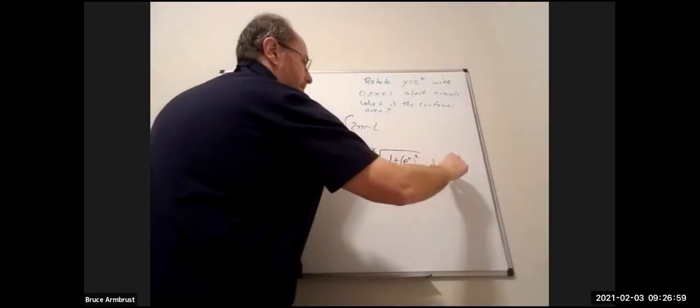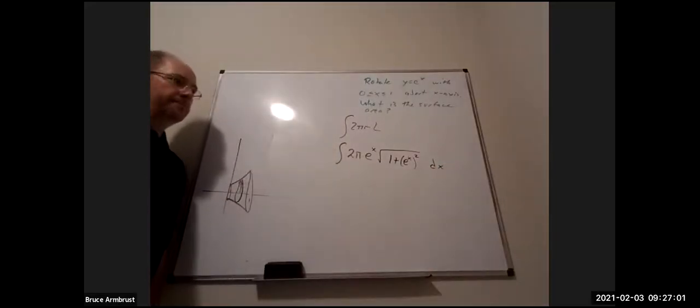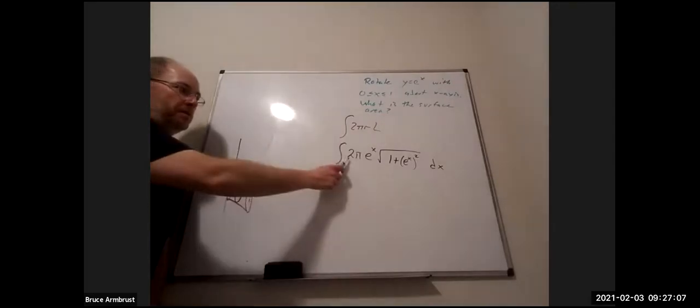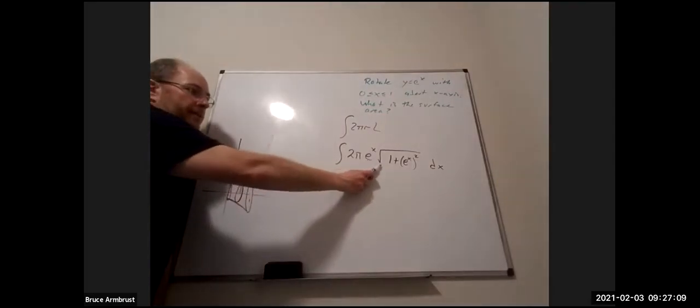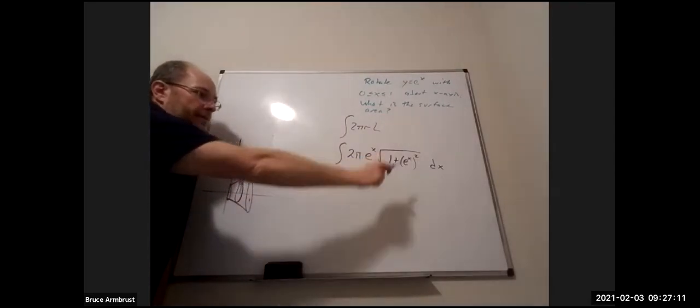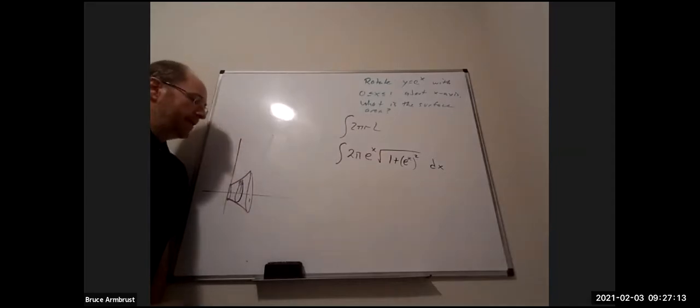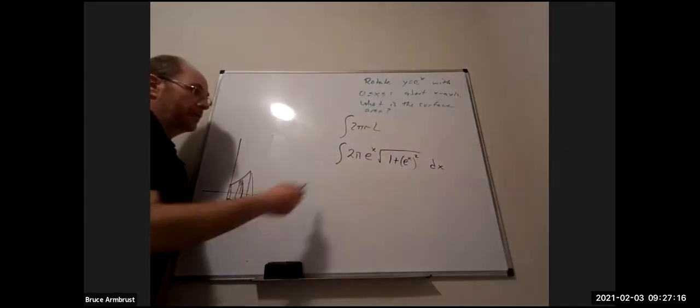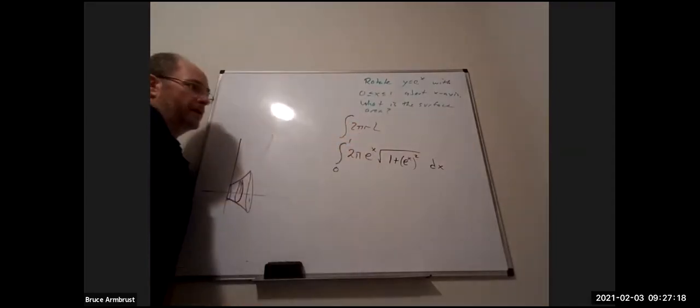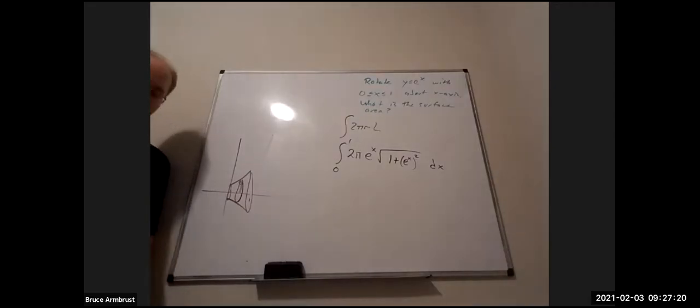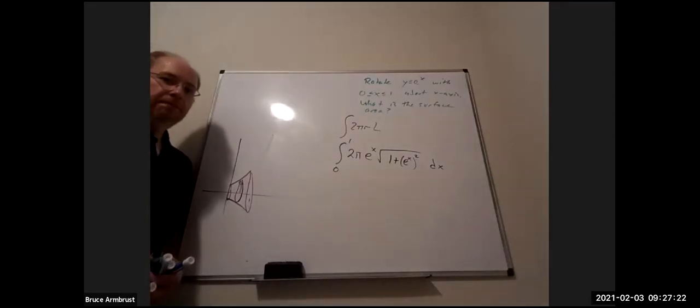And then we'll have our dx. So 2 pi times our radius times the arc length with our dx. And then the last thing, of course, we need our bounds, going from 0 to 1. So there's our surface area.